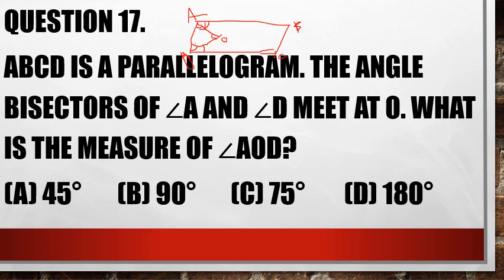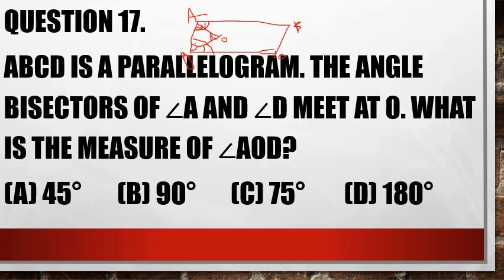The sum of angle A and angle D is 180, but here we have half of each in the triangle AOD. This angle is half of angle A, and this angle is half of angle D, but A plus D equals 180, so half of A and half of D will be 90 degrees in total.